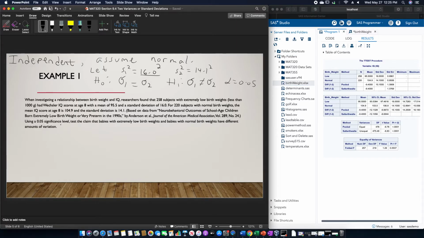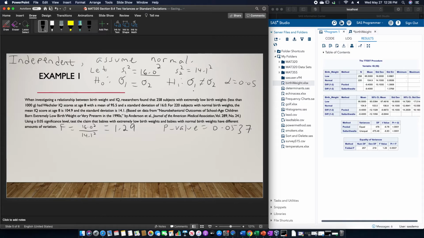Our F value, which is when we took these two variances and divided them, 16.0 squared divided by 14.1 squared. This value we computed was 1.29, pretty close to 1. And the p-value is equal to 0.0537.